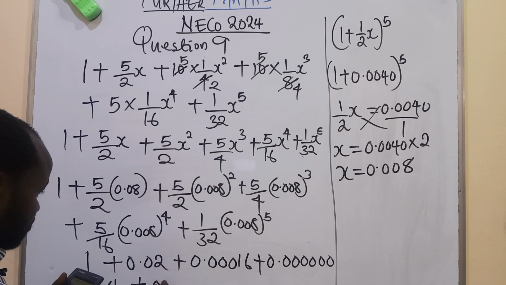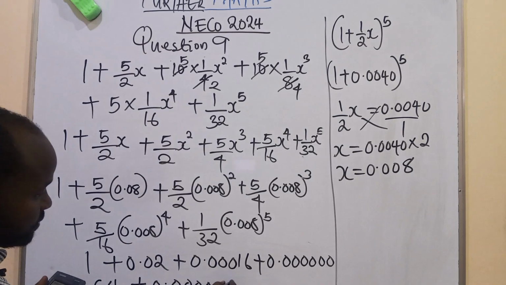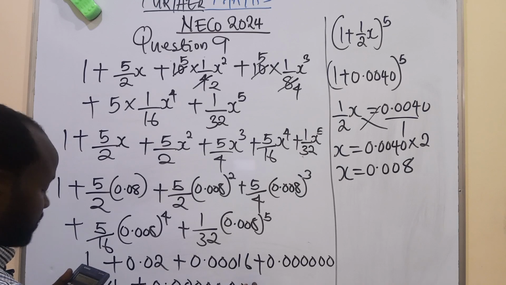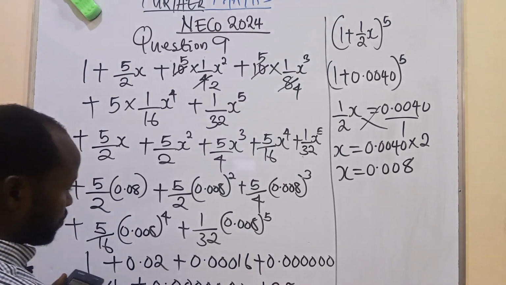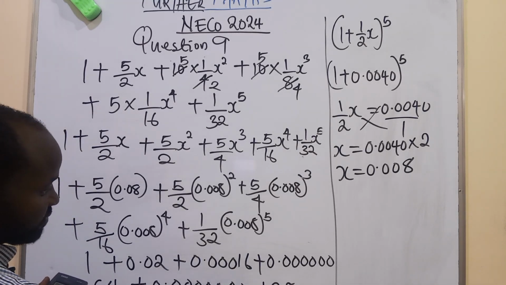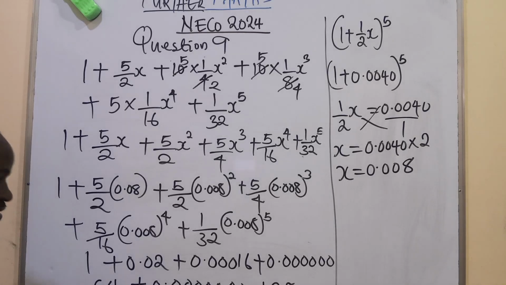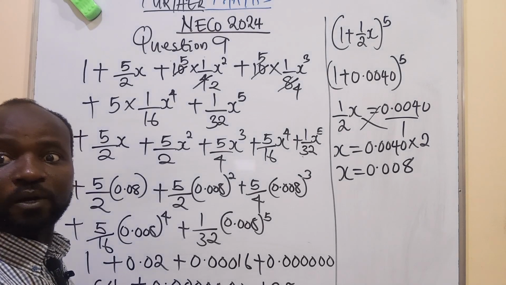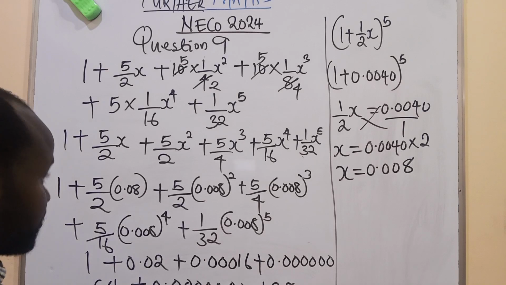We'll have 0.00001234567 then 128, 123456789. That's power 9.